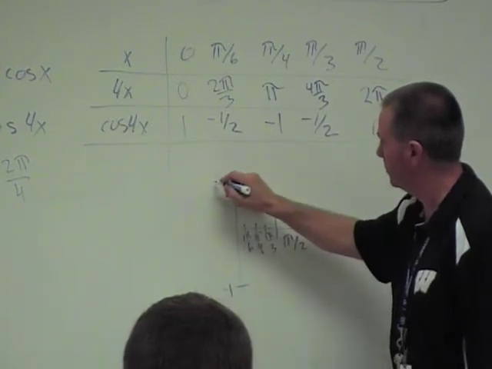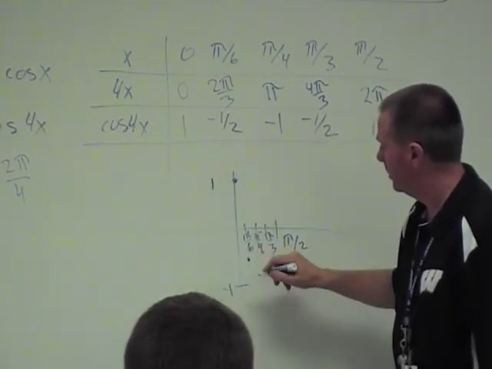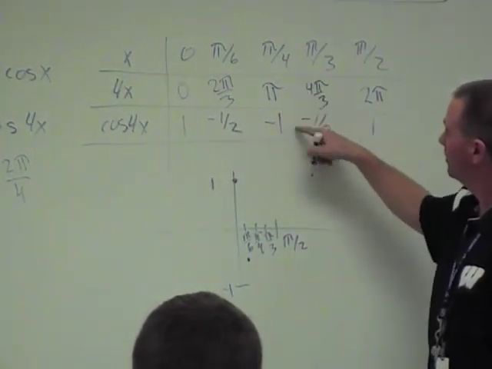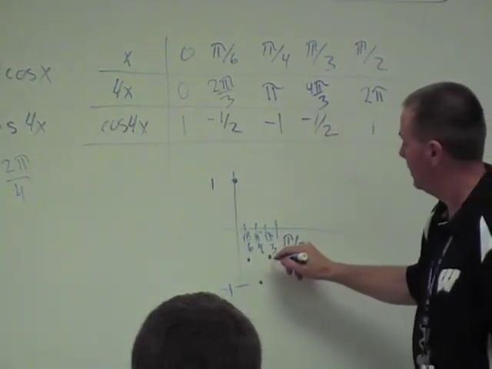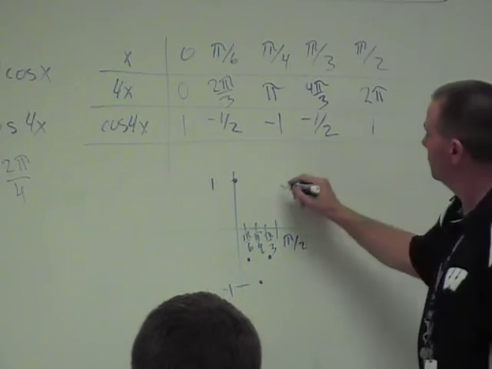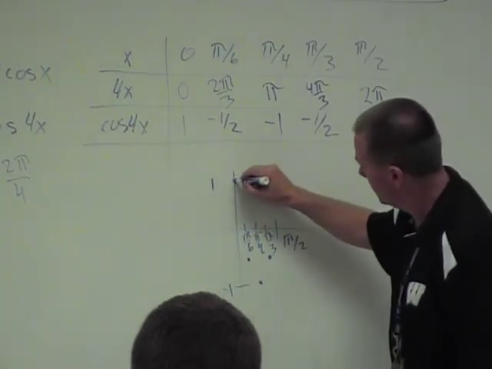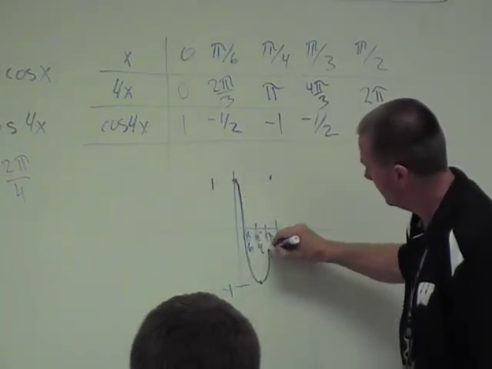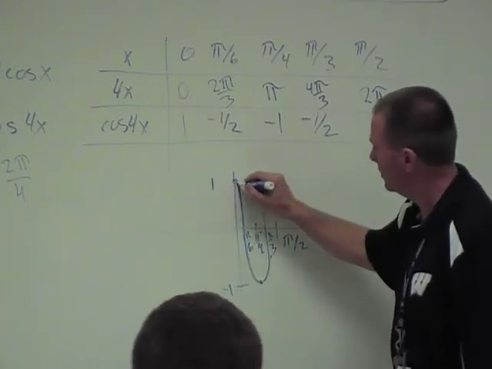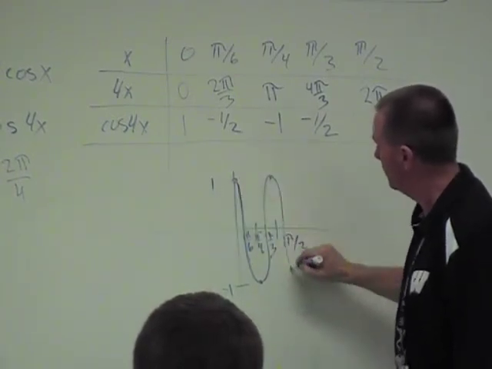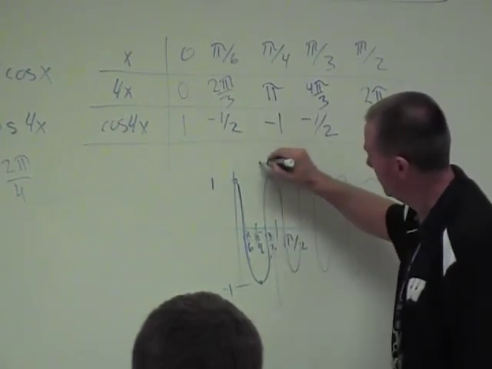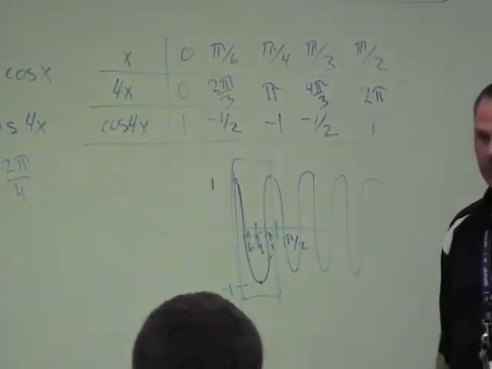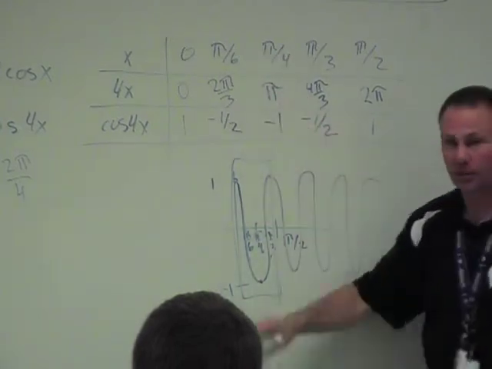Cosine of pi over 4 is going to be negative 1. Cosine of pi over 3 is negative 1/2. Cosine at pi over 2 is 1. So it goes down, goes back up, and over. So this is a curve. This just keeps going, by the way. That's what that looks like. But we're only looking at the period right here.